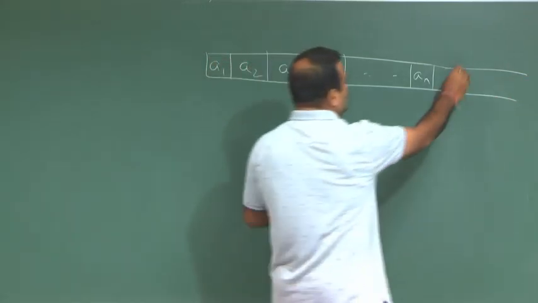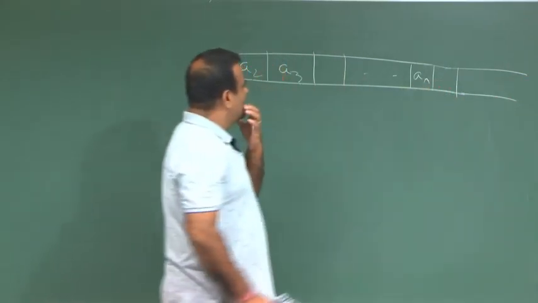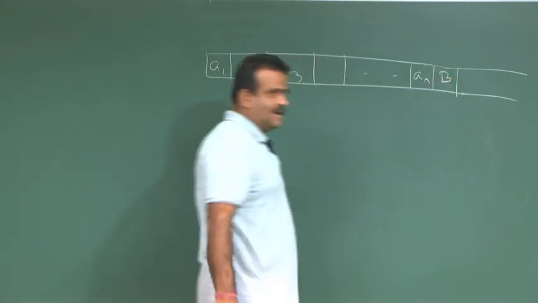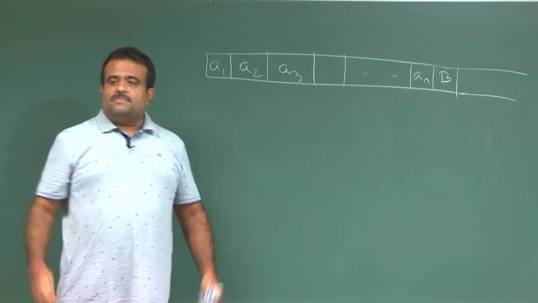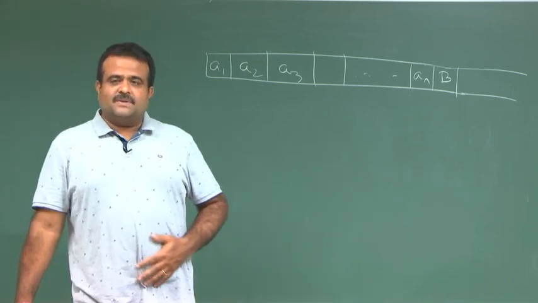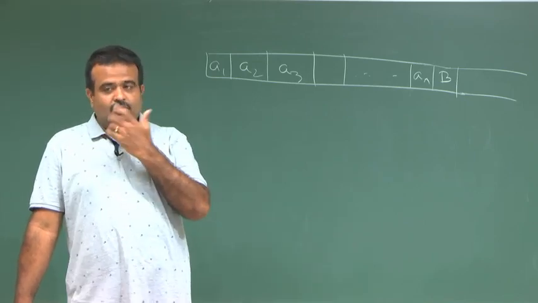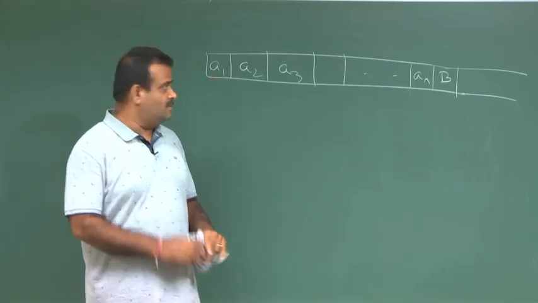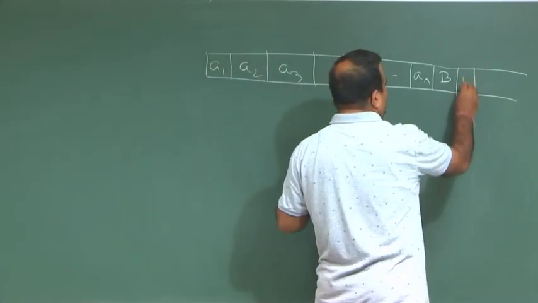Once the input ends, we put a special character called blank. Blank means no symbol; it is a special symbol which is not a part of the input alphabet. So, these cells are all filled by blank.